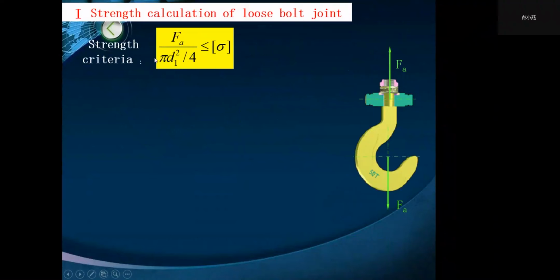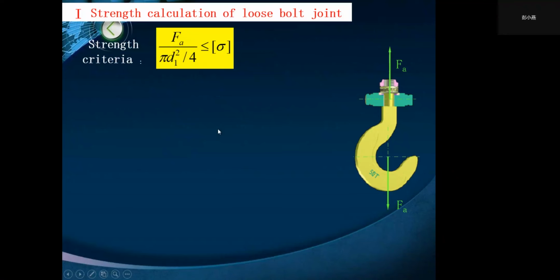This is the area. Any problem? No. The force divided by the area can calculate the stress. So this is the actual stress acting on the bolt. So we have this strength criterion: the actual stress should be less than the allowable stress.